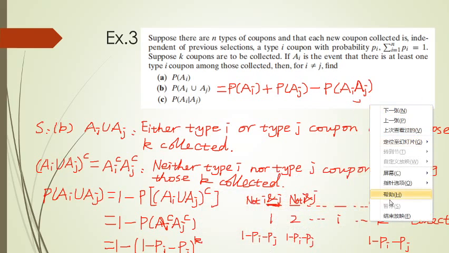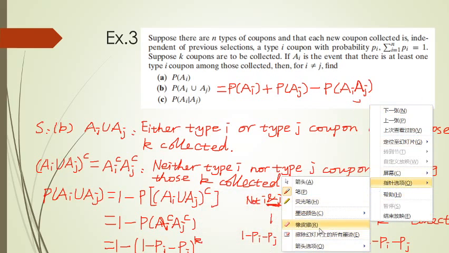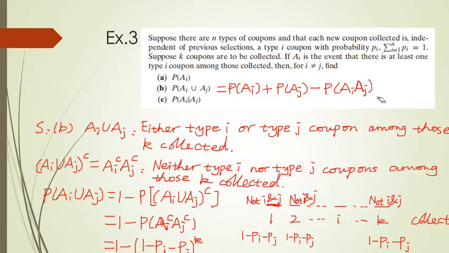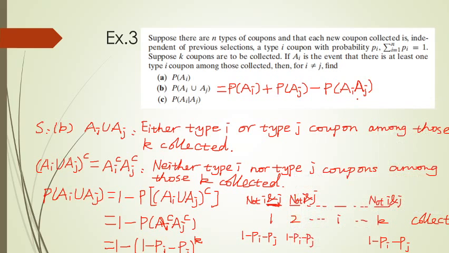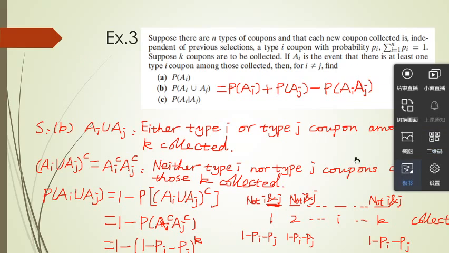And when you think about both coupons being collected, you need to think about their position. So it will be more complicated to work out this one, because you can put, for example, your type I coupon on the first position and the second position. Let me explain why we didn't work it out in this way.